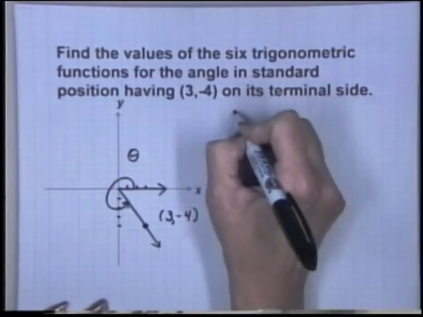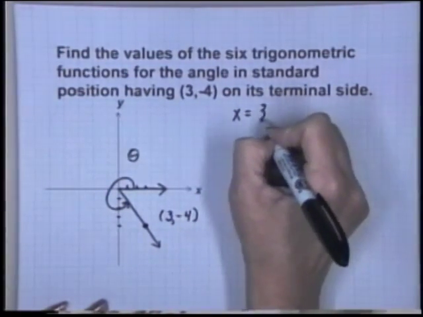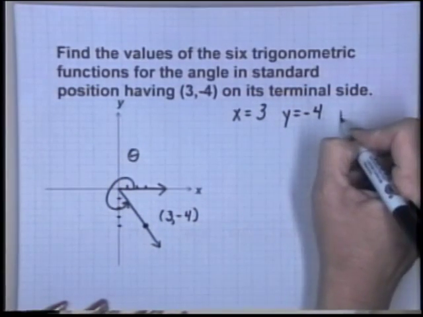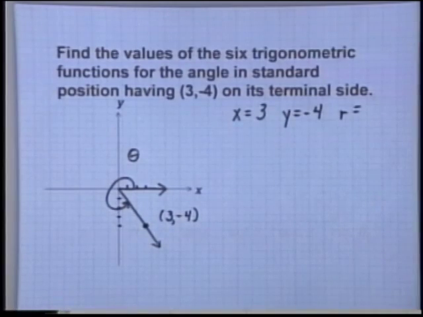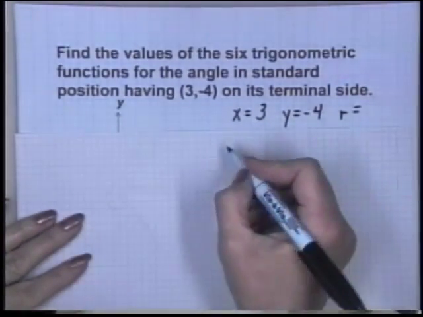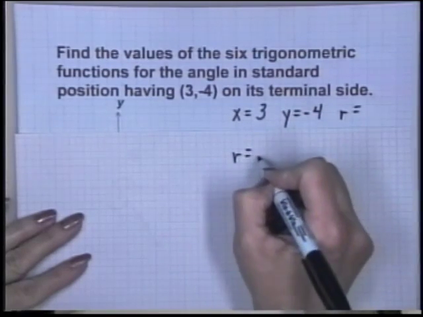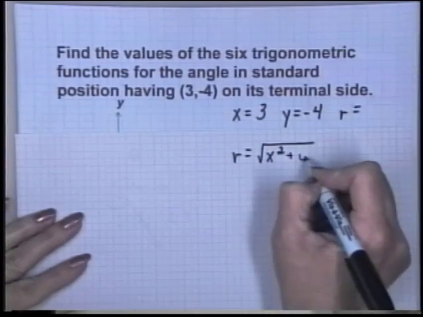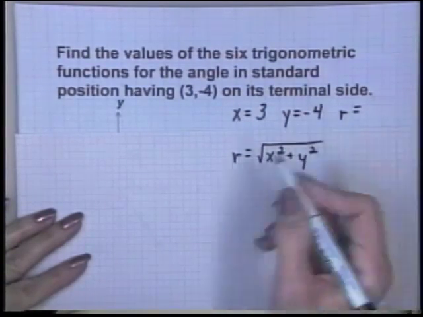It's obvious that my x in this case is 3. My y is -4. What I need to find is my r. And to do that, I'll use Pythagoras. r equals the square root of x squared plus y squared.